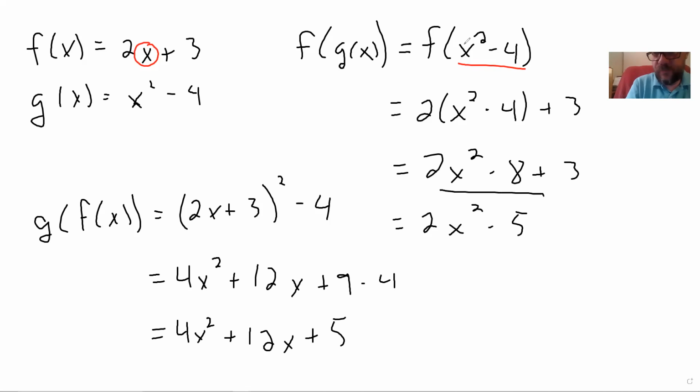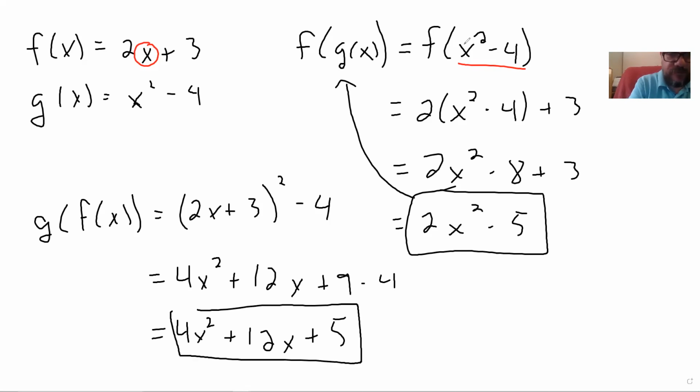All right, so that's f of g, and this is g of f. And they're different. And I hope that actually makes sense to you, because I want to think about functions as machines. So let's say that I have two functions, one of which puts on my shoes and the other one puts on my socks.